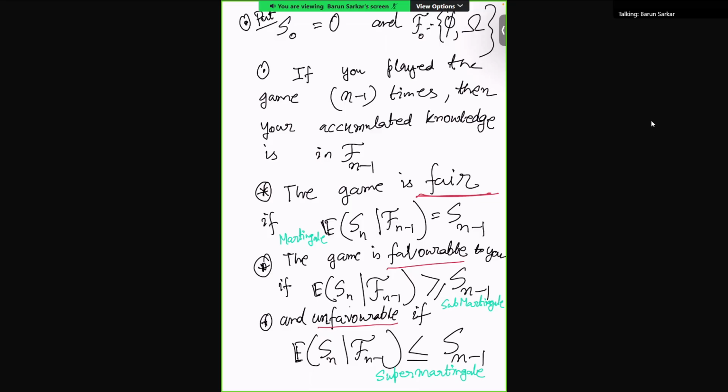It is favorable, submartingale, if the expectation of Sn given Fn minus one is greater than or equal to Sn minus one, and unfavorable if it is a supermartingale. This was the thing we were discussing.